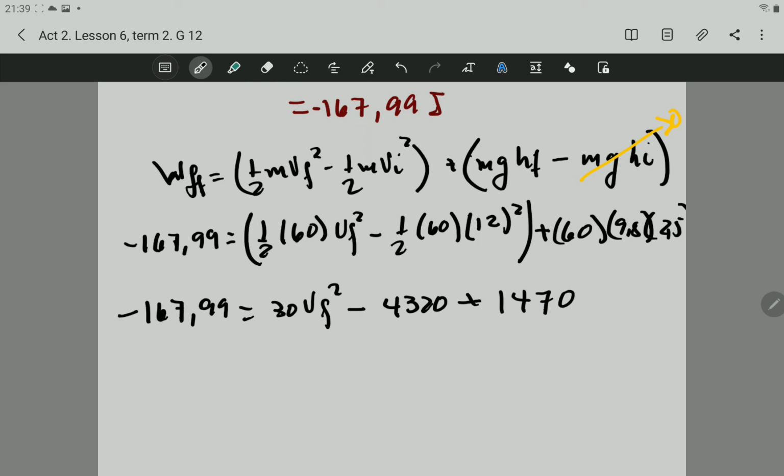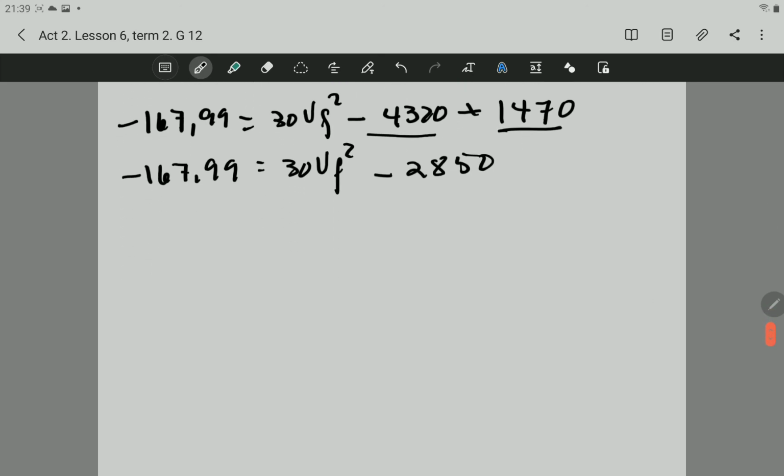You can always check with your calculator. So now, when you subtract these two numbers, this will be equal to minus 2,850.